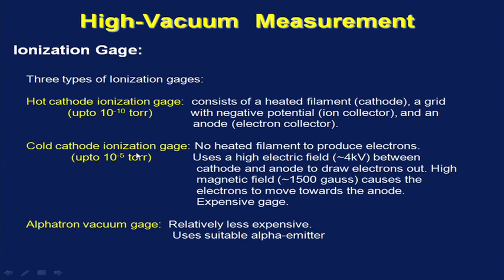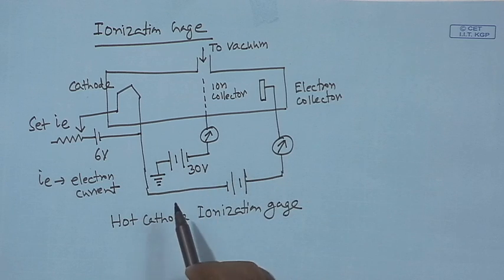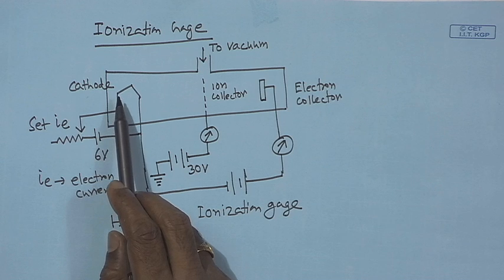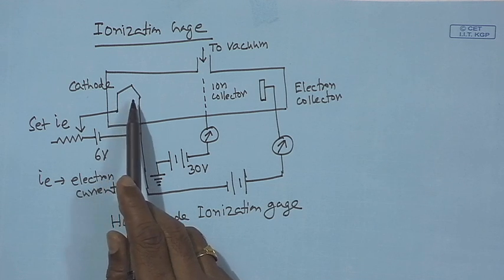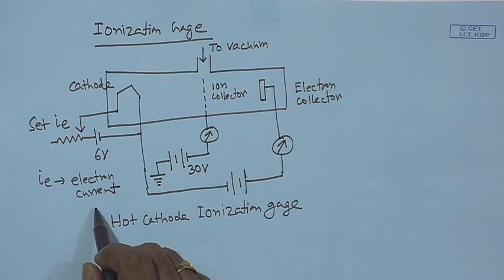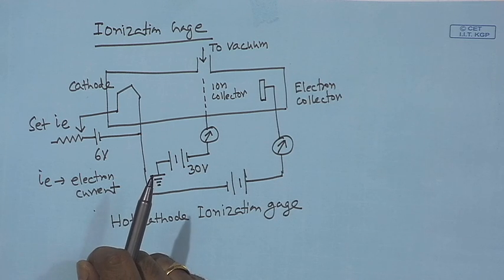Now, there are some difficulties associated with this hot cathode ionization gauge. Since we are using a hot filament to emit electrons, certain disadvantages arise.